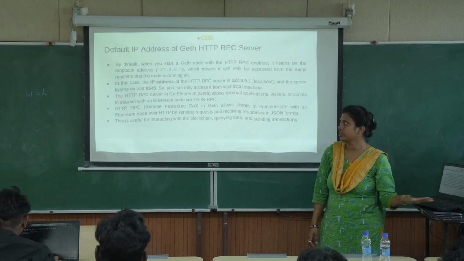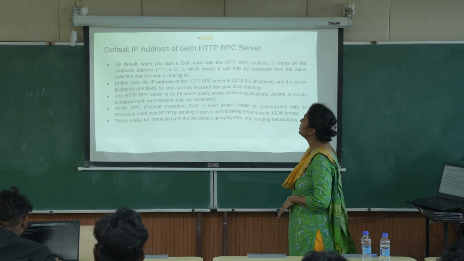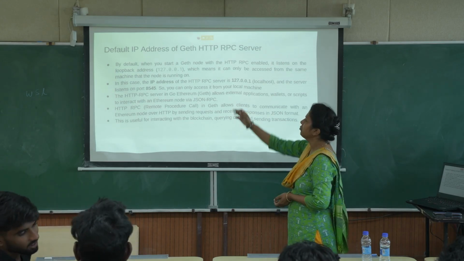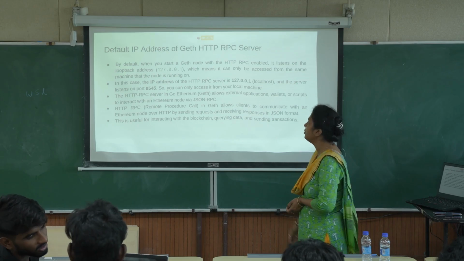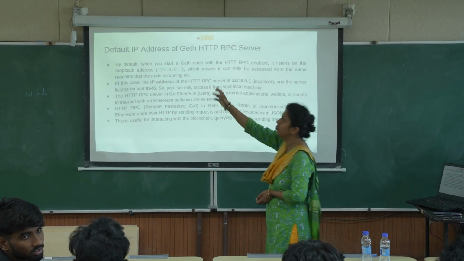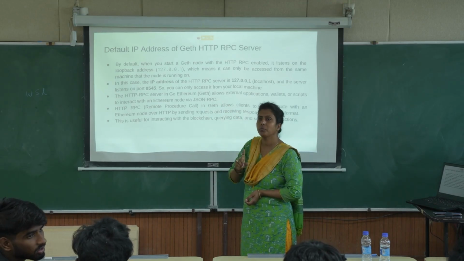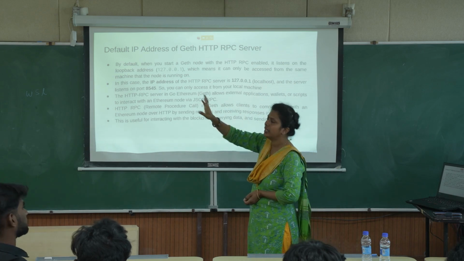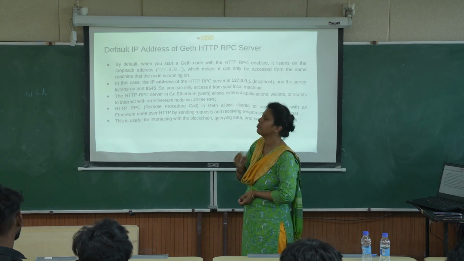Then the default IP address of the Geth HTTP RPC server. As I already discussed, by default when you start a Geth node with HTTP RPC enabled, it listens on the loopback address, 127.0.0.1, which means it can only be accessed from the same machine it is running on. I already discussed that in our previous slide.